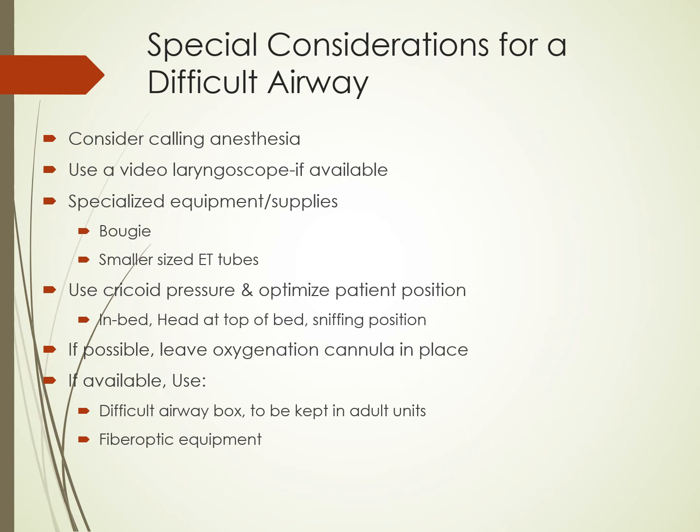If available, some hospitals and healthcare providers will have difficult airway boxes. And again, they're typically kept near the ICUs, if they're adult boxes, near the adult ICUs, etc. Fiber optic equipment in extreme cases. So actually having a bronchoscope available in very specialized situations. We've actually had the bronchoscope there.